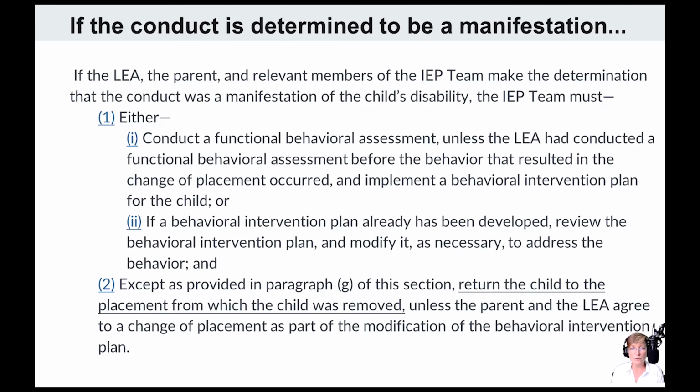Now, here's the most important thing. Does the child get to return to the school of his last placement? The answer is yes, unless the parent and LEA agree to change the student's placement as part of the modifications of the behavioral intervention plan.